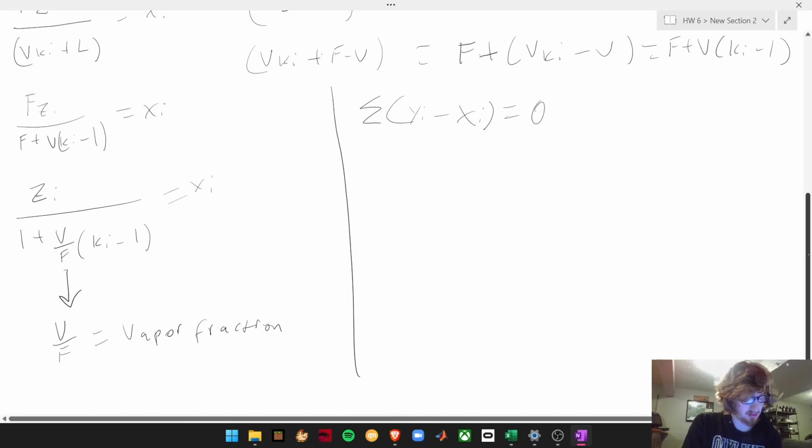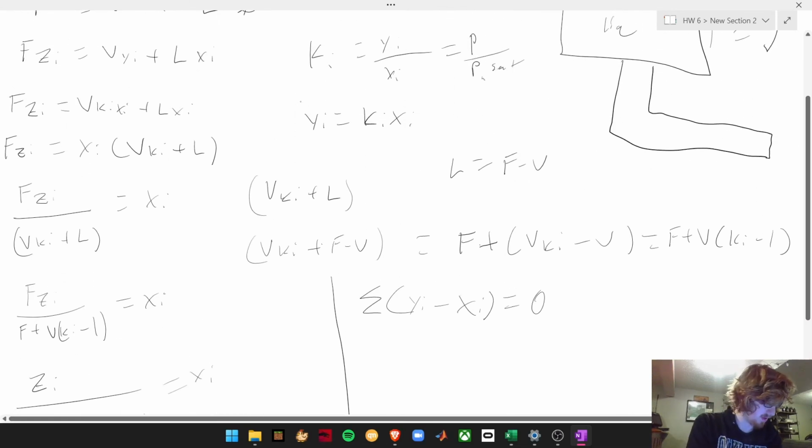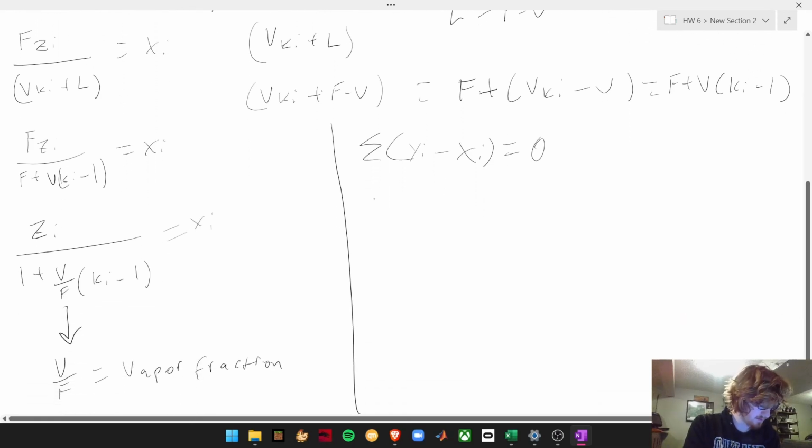So we can go ahead and substitute for Yi, and once again we have Yi equals Ki Xi, so the sum of Ki Xi minus Xi equals 0. And you might be able to see where we're going with this. But once again, we can pull out the Xi, and we're left with Xi times Ki minus 1 equals 0. And then we have an equation for Xi over there. So all we have to do is substitute that in.